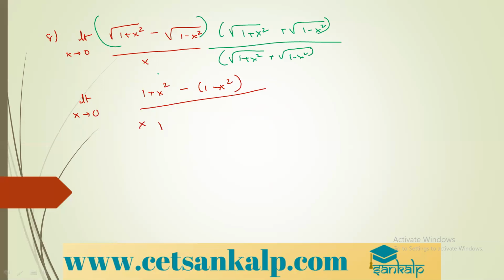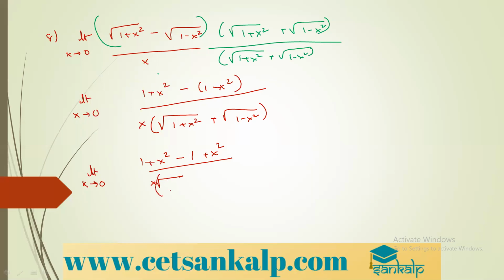Denominator will be x into (square root of 1 plus x square plus square root of 1 minus x square).